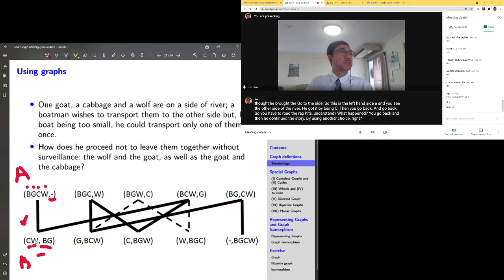So we continue with the second move by observing here, because after he lets the goat get out from the boat, this one is alone there, he goes back and continues moving the other entity.